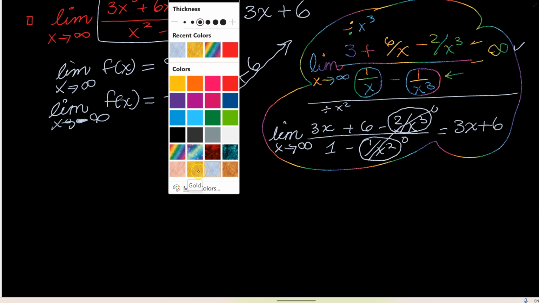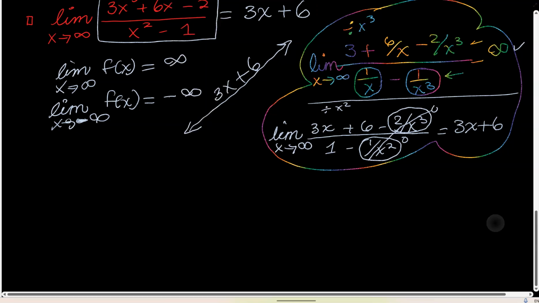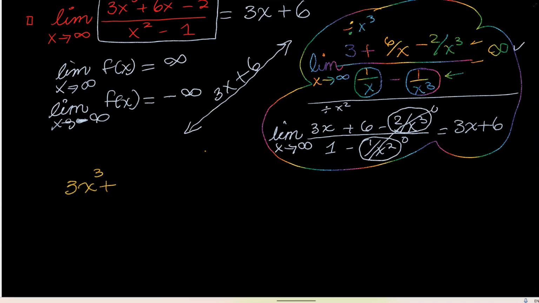Again, our function is 3x to the third plus 6x squared minus 2, all divided by x squared minus 1. And we were interested in the limit as x goes to infinity. So another thought is to go ahead and use long division.